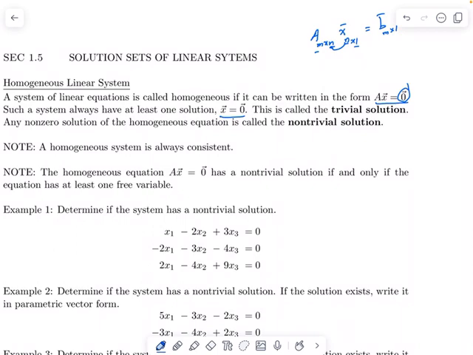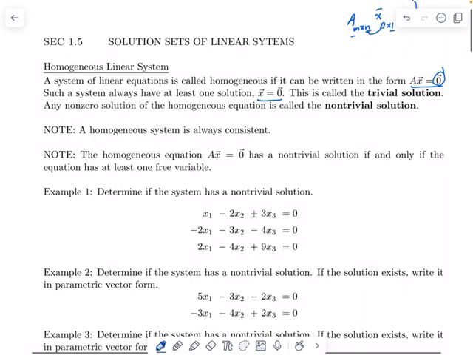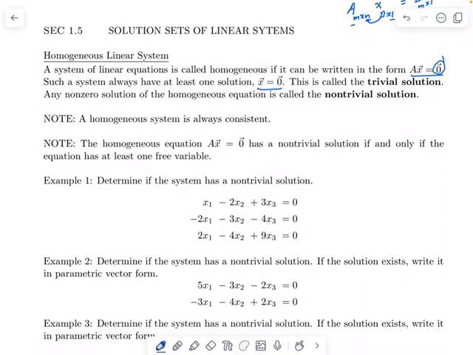Any non-zero solution of the homogeneous equation is called a non-trivial solution, and we are often trying to find the non-trivial solution. Since the homogeneous system always has this one solution, we can say a homogeneous system is always consistent. Consistent means it has at least one solution.